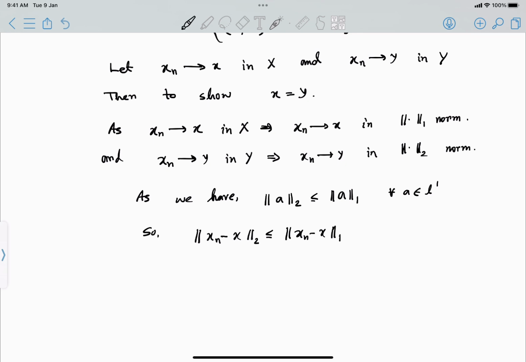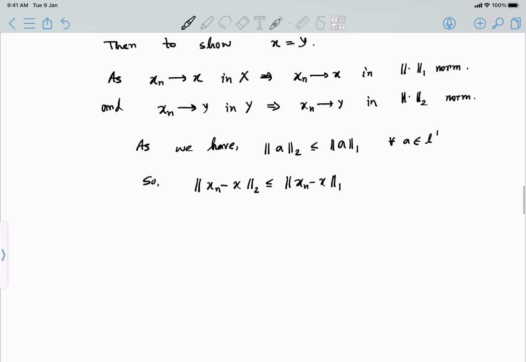And as this converges to 0 in L1, it means xn converges to x in L2 norm also.